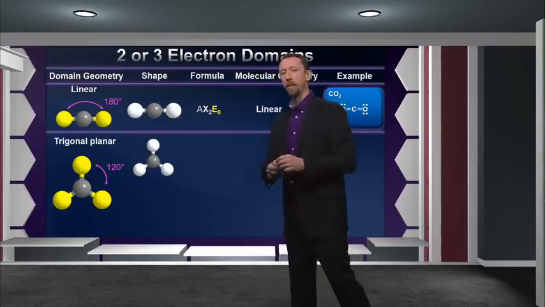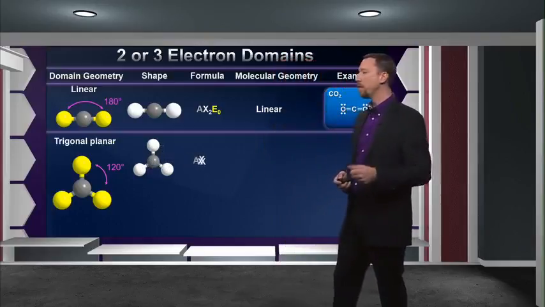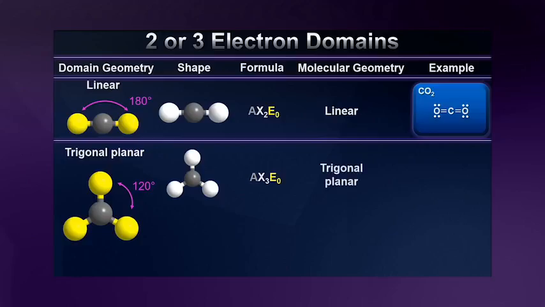Let's go with the simplest example in which all 3 of the domains are bonds. We would call this molecule an AX3E0. And again, we would call the molecular geometry exactly the same name as we do the domain geometry. This is a trigonal planar molecule. And a classic example of this is boron trifluoride, a chemical reagent used by organic chemists.